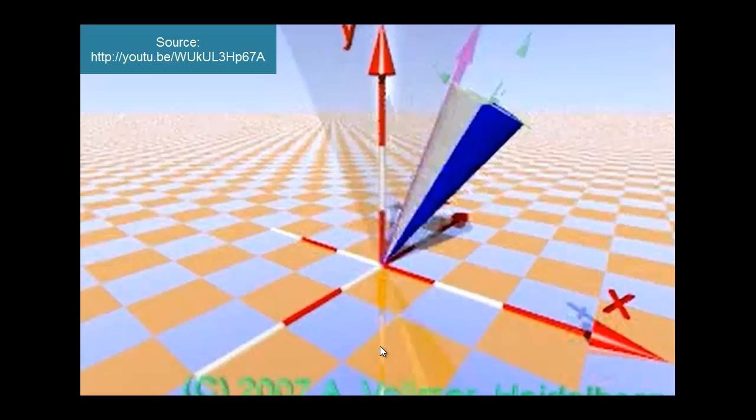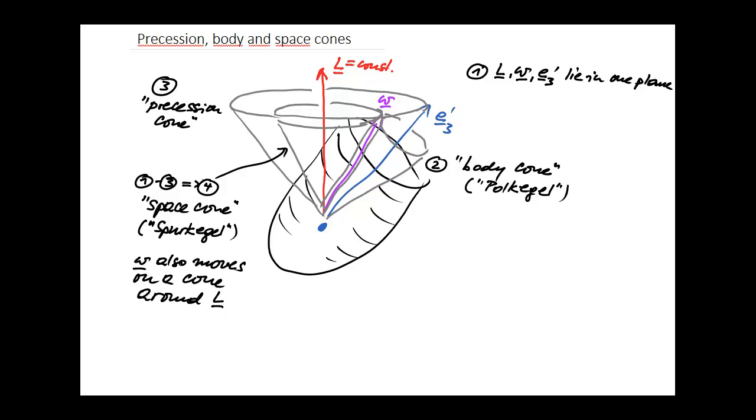And you also see, indicated with the shadow, a cone, that's the space cone. It's the cone on which the angular velocity vector rotates around the angular momentum vector. One way to visualize that is that the body cone is rolling around the space cone, and where the two cones meet, that's where the angular velocity vector is.